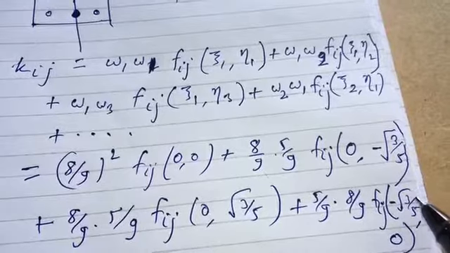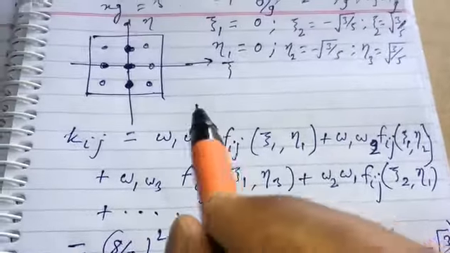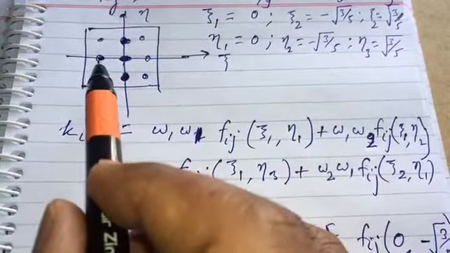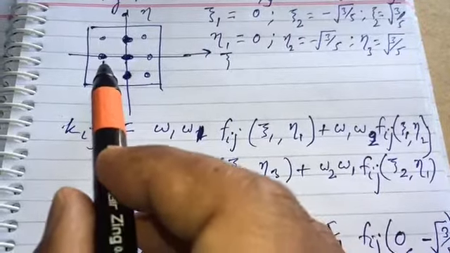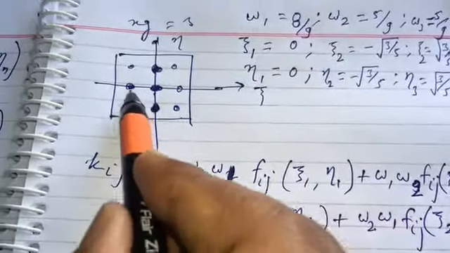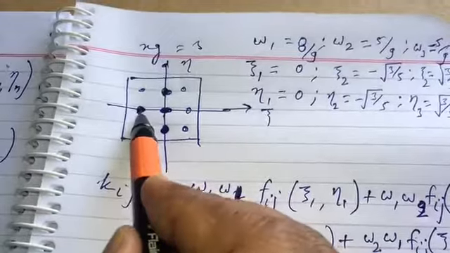So minus root 3 over 5 comma 0, this is the point we are talking about now, and so on.